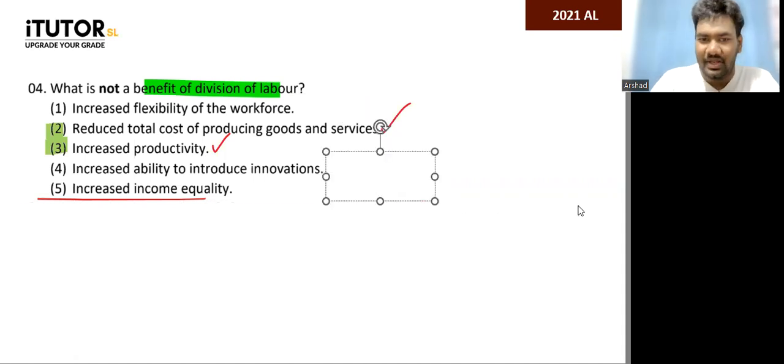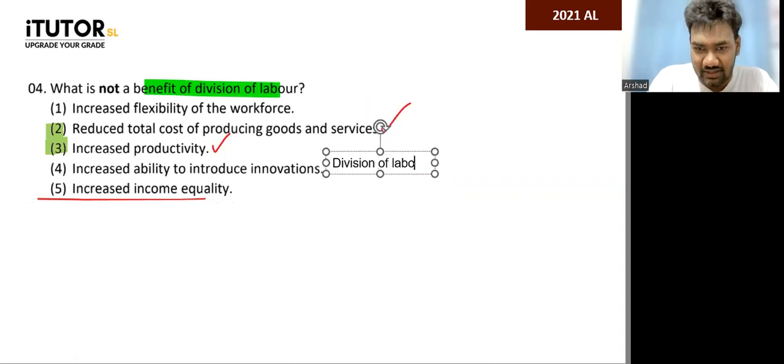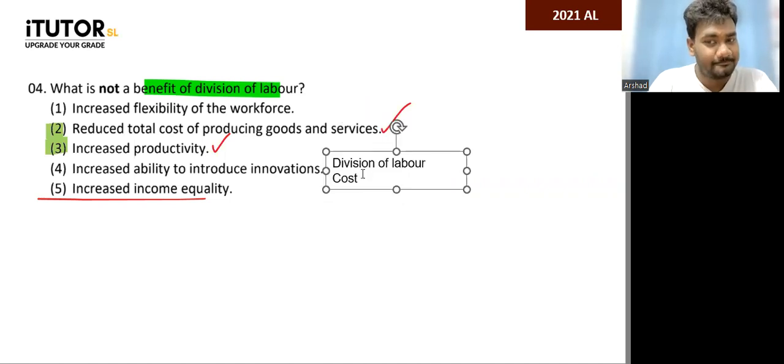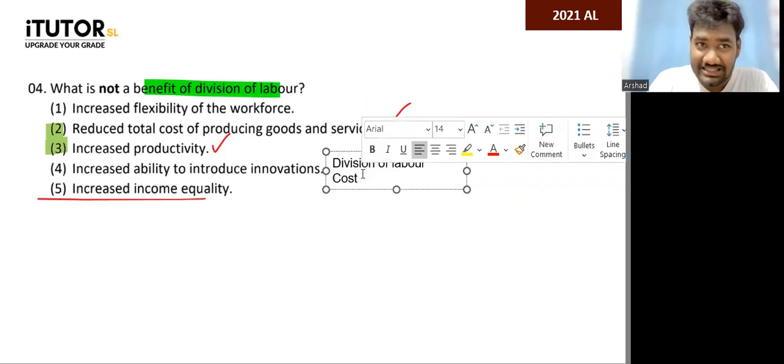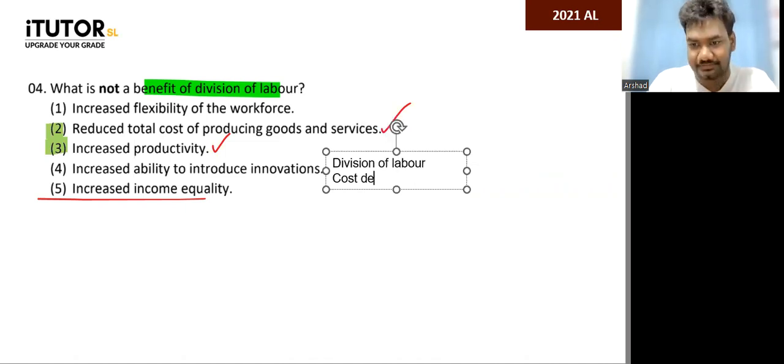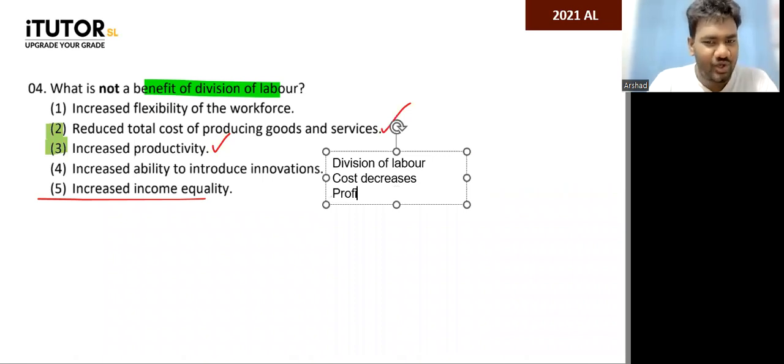Can you tell me, because of division of labor, what happens to your cost? Your cost goes up or goes down? Your cost decreases. When your cost decreases, can you tell me what happens to your profits?